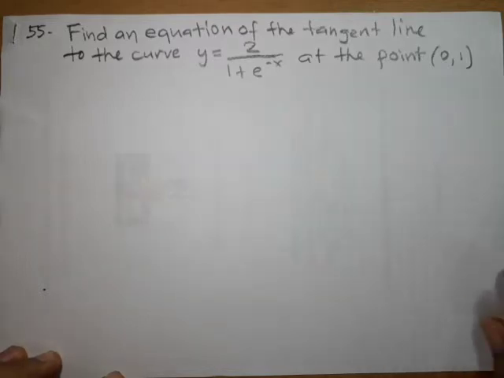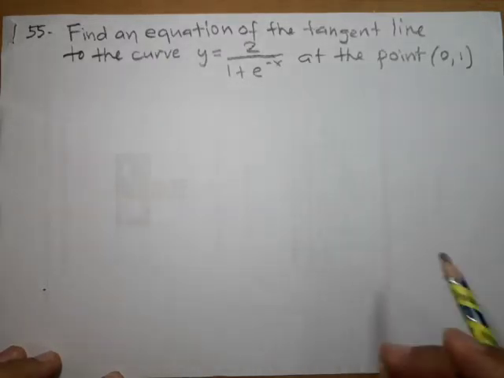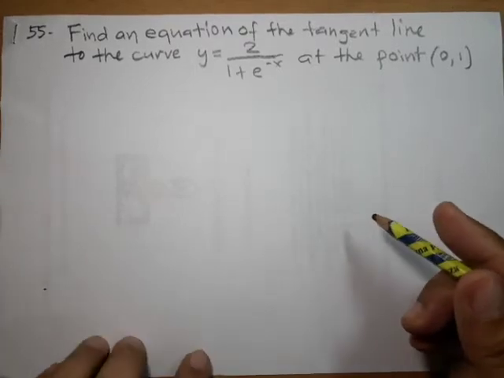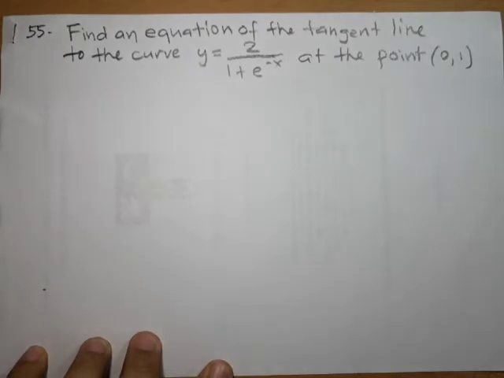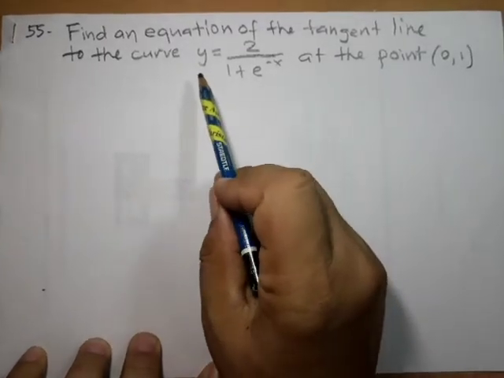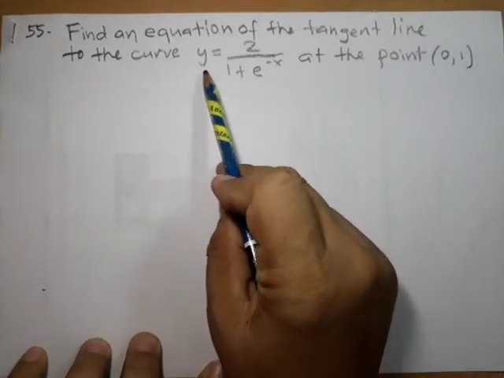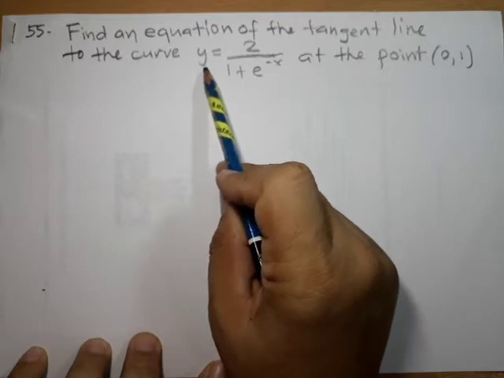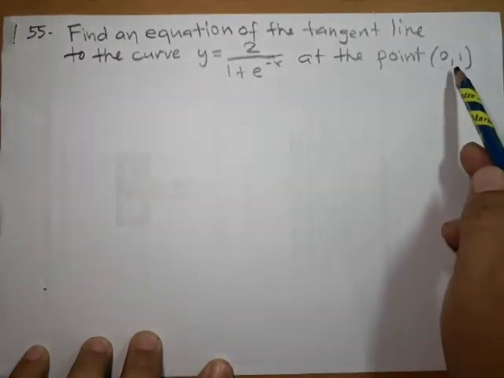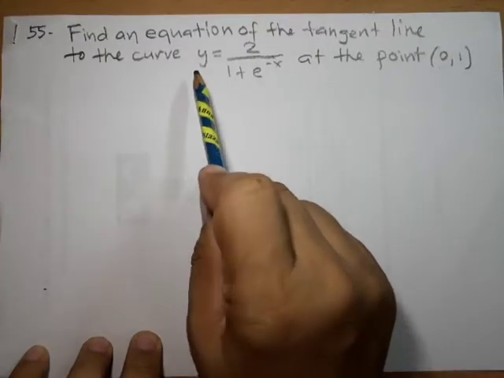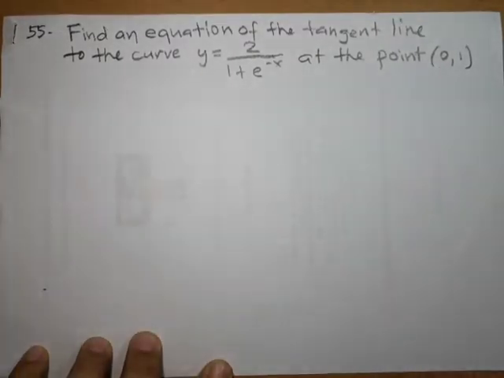Anyway, number 26 didn't need the chain rule. Okay, let's solve this. So, find the equation. First of all, we have to find the derivative of this, because the game plan here is, when you find the derivative and then substitute the x value of 0 into that derivative, you will be able to get the slope.